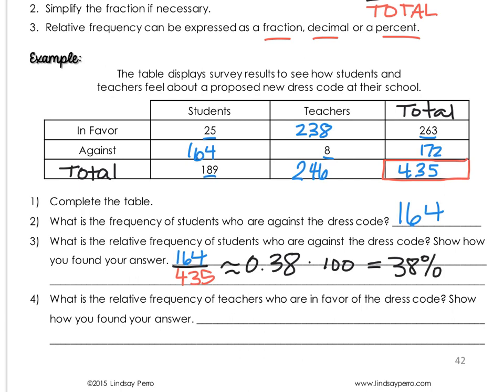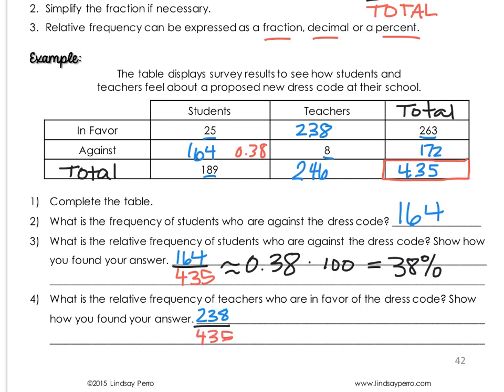So I'm going to go on my table, and I'm just going to write 164 or 0.38. What is the relative frequency of teachers who are in favor of the dress code? So teachers in favor is 238. So again, my frequency is 238 divided by my total, which is 435.